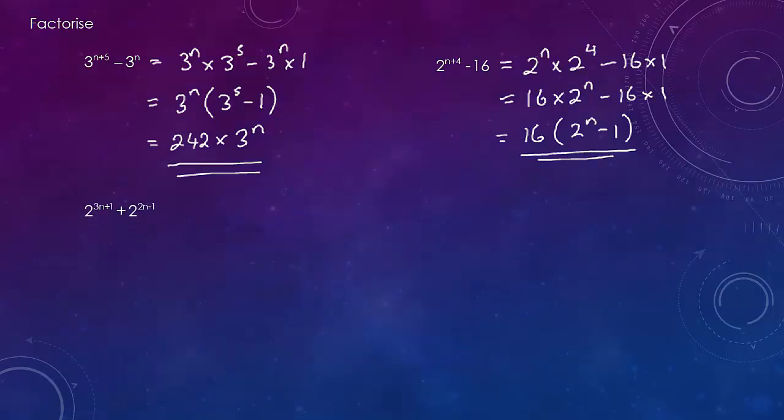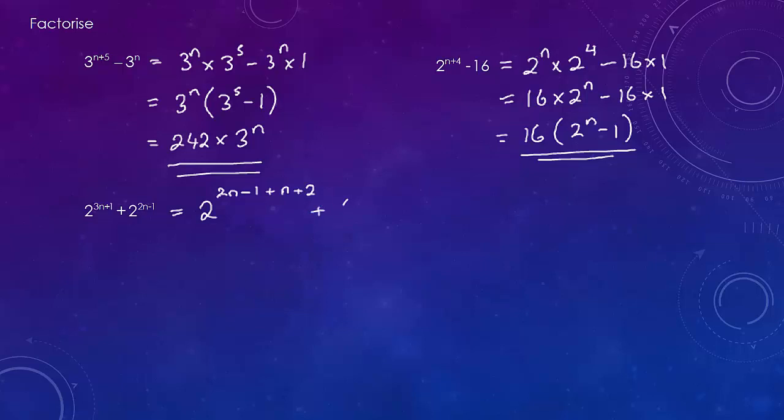So what comes next? This looks a bit more complicated. So what I'm going to do is split this first one, 3n plus 1. Let's write that as 2n take away 1 plus n plus 2.